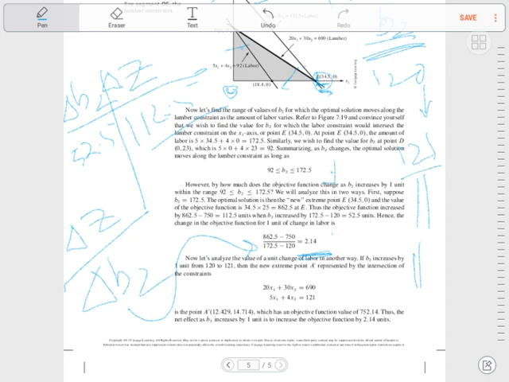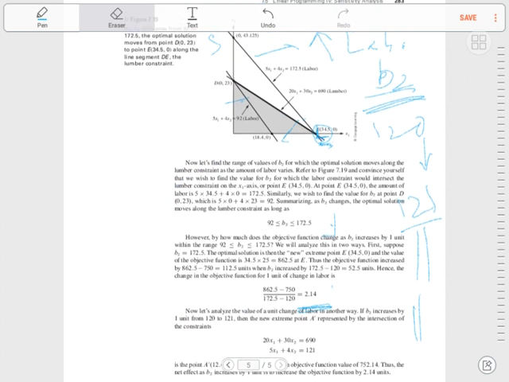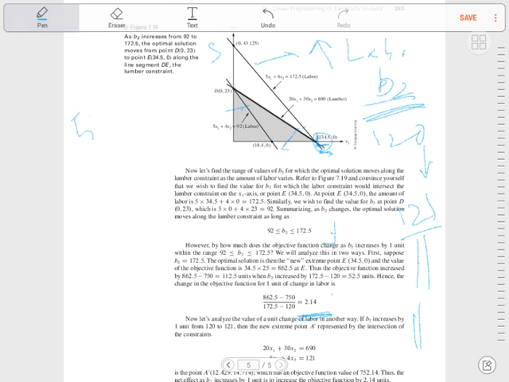Then the new line for the labor constraint is 5x1 plus 4x2 equals 121. So suppose this was the original 120, and now I am getting something more than that, 121.